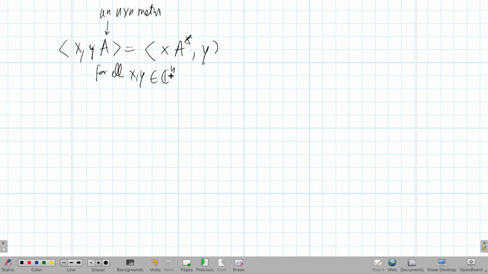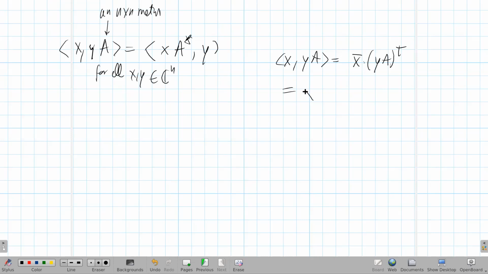Okay, that's the definition of the adjoint. This is a linear map in X, so it can be represented like this. This product is represented as X conjugate times Y A transpose. This is the scalar product.